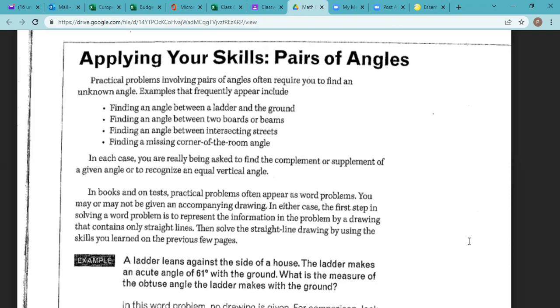But in each case, you are really being asked to find the complementary angle, the supplementary angle, or even a vertical angle.